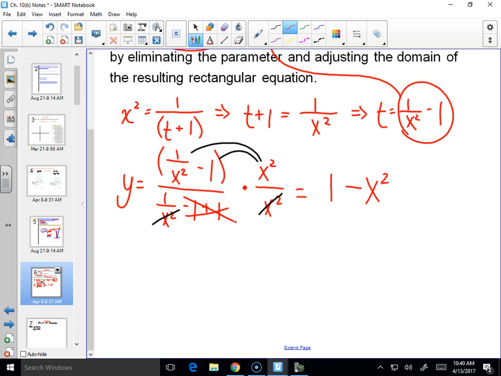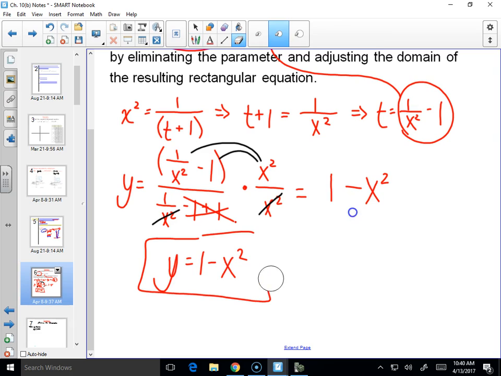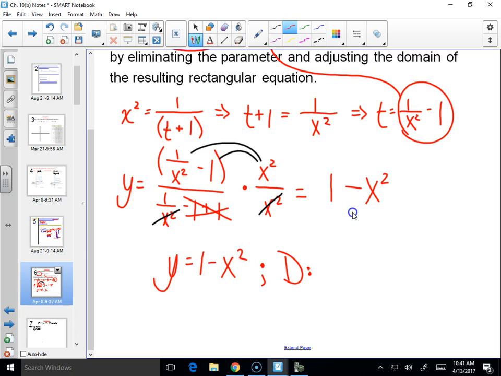So what's my path? What's my plane curve? This guy. Except, they don't just ask for the function, what else do they ask for? The domain. If you guys look at this parabola, is there anything that would cause this parabola, in and of itself, to have a restricted domain?